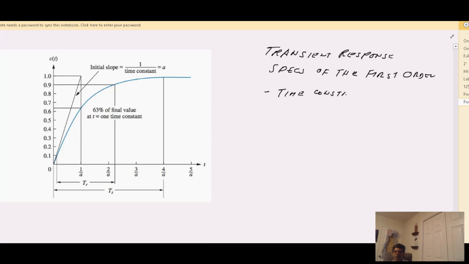We are also going to look at the rise time, and we are going to look at the settling time. So these are the three specs that we are going to look at for the first order system.